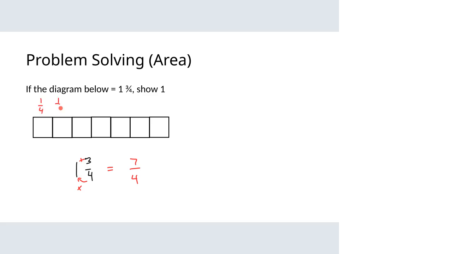If I have each of these as 1/4, that'll be 1, 2, 3, 4, 5, 6, 7/4. So this picture is 7/4. If I want to show 1, what I need to show is 4/4. And so that's going to be over here with 1, 2, 3, 4/4.